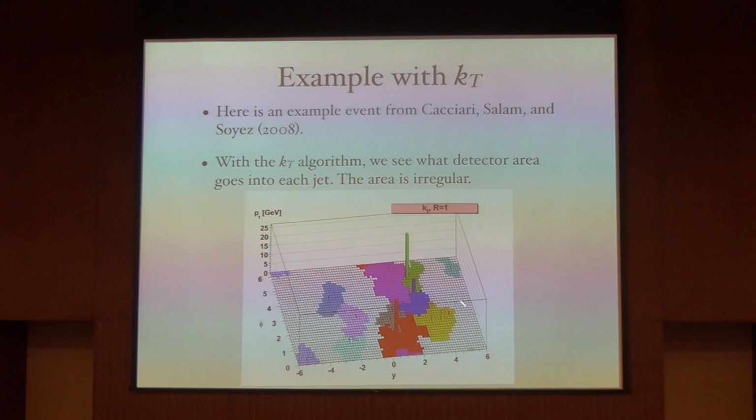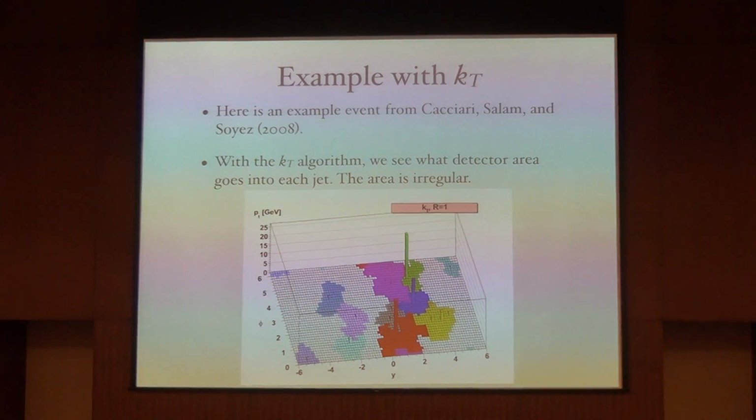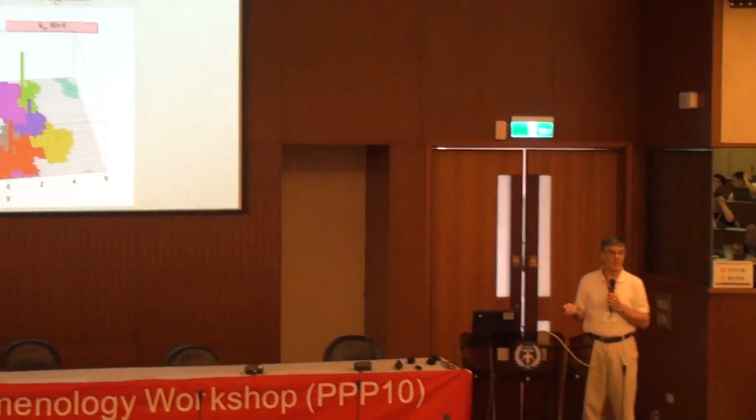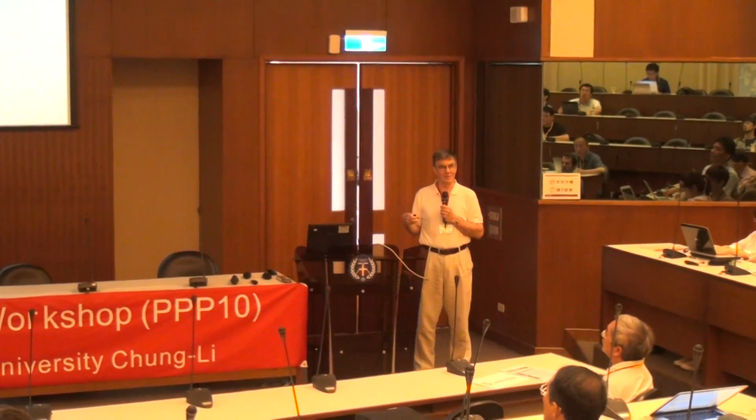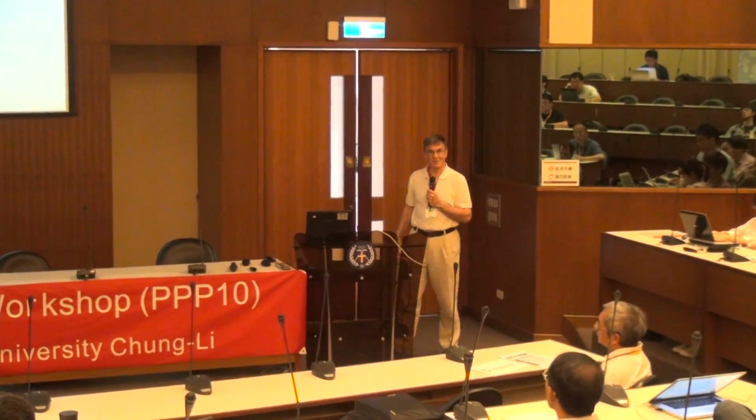So what you see is, let's say, there is a jet there with a spike in it. Here's another one, a green one. Everything in this region gets associated to the purple jet. Everything in this region gets associated to the green jet. And what you can see from that is that the area soaked up by any one of these KT jets is kind of irregular. They don't overlap. I mean, every cell is either in one jet or the other one. But the shape is, they're not circles. They're sort of strange.